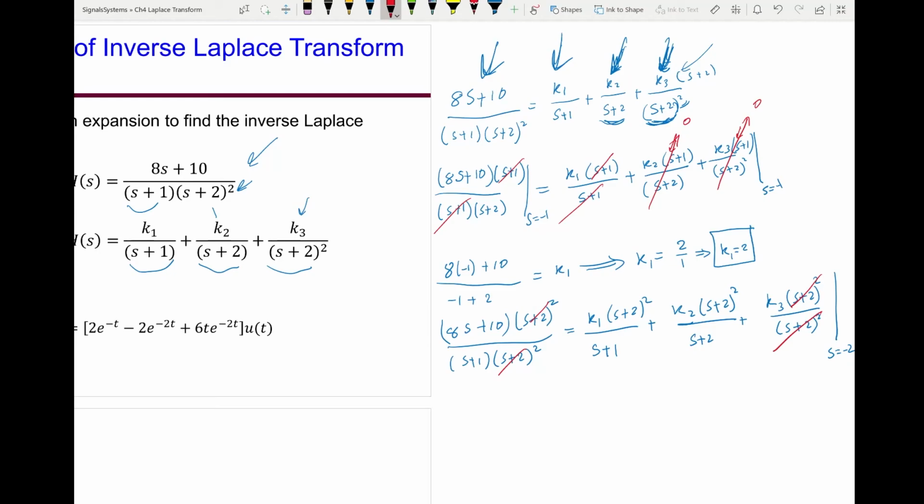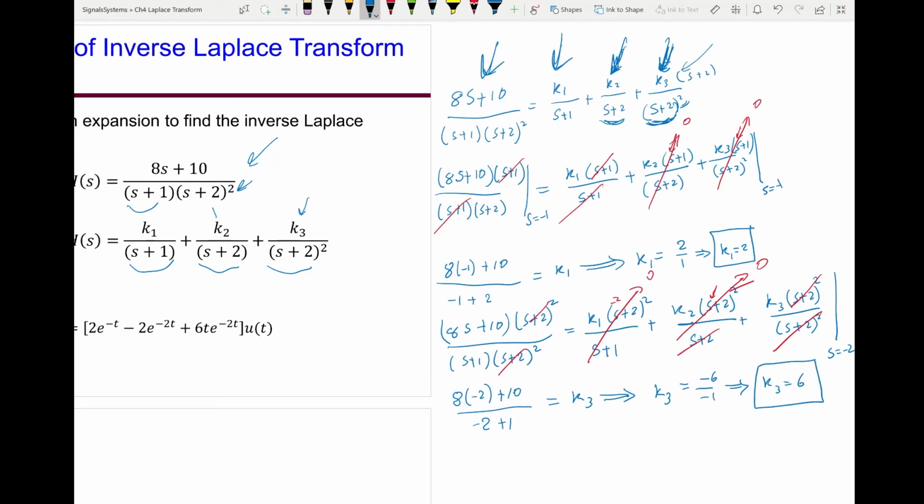So when I set this to minus 2 plus 2, that is 0, so that will go to 0. Here, this term will cancel only one of them, so you still have s plus 2. You set s to minus 2 plus 2, that is 0, so that will disappear. So the only thing left is 8 times s, which is minus 2, plus 10, over minus 2 plus 1, equal k3. And from here, k3 equals minus 6 over minus 1, so k3 equals 6.